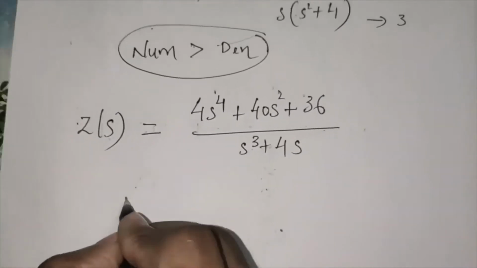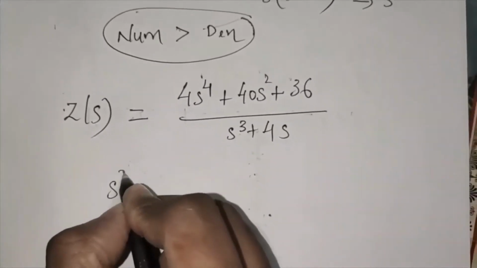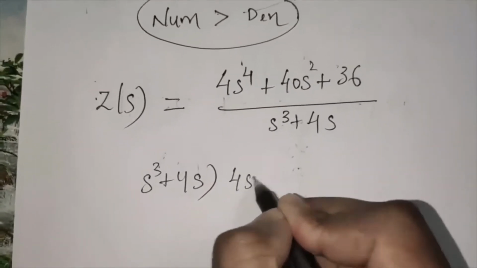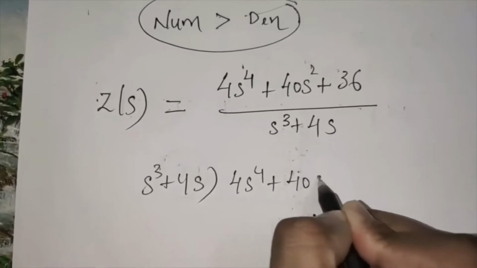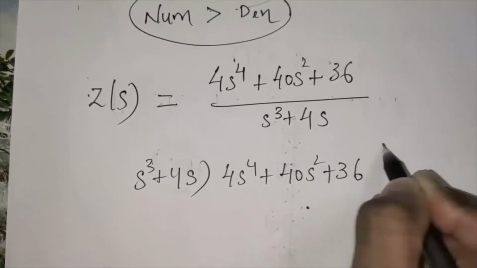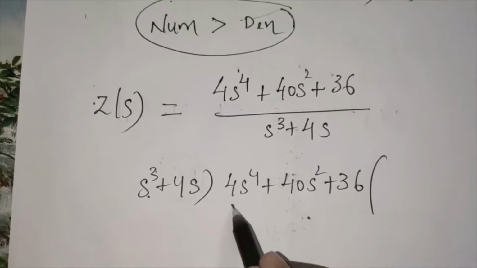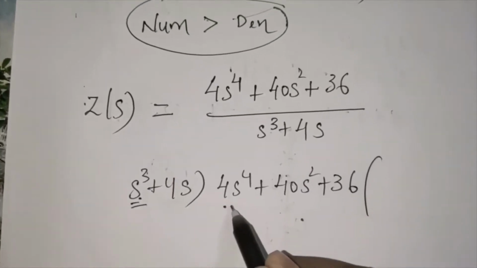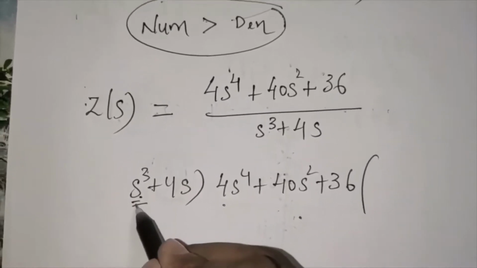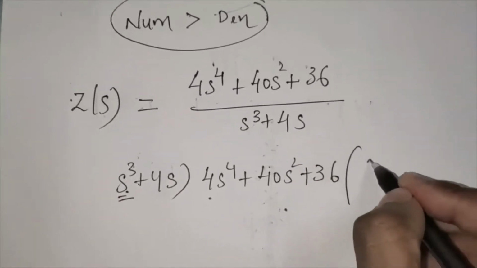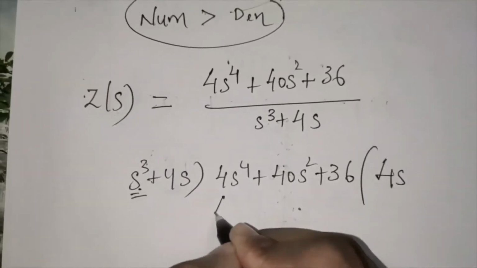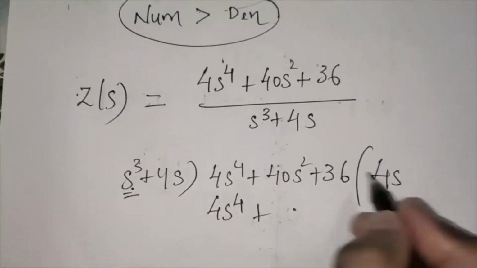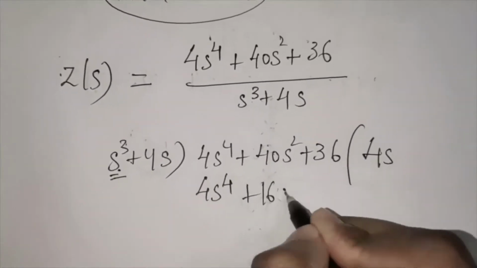So when I divide the numerator by the denominator once, with S cube plus 4S, the numerator is 4S power 4 plus 40S squared plus 36. I have 4S to the power of 4 and an S cube here, so I should multiply by 4S, which will give me 4S power 4 plus 16S squared.